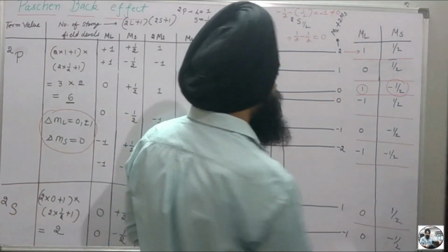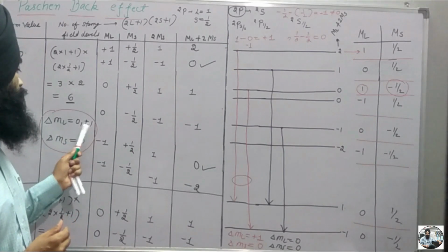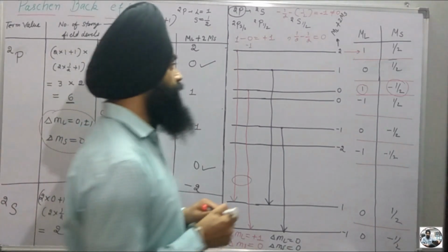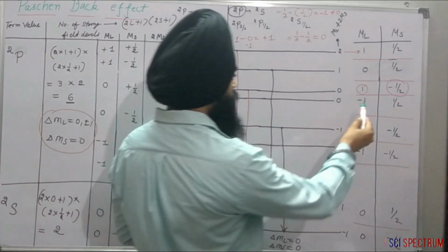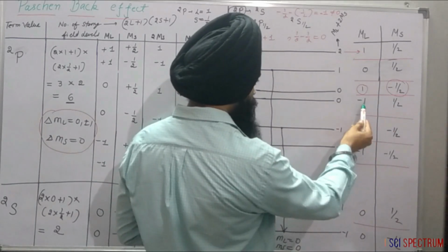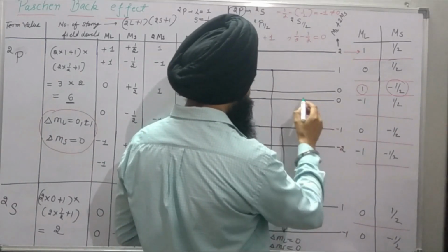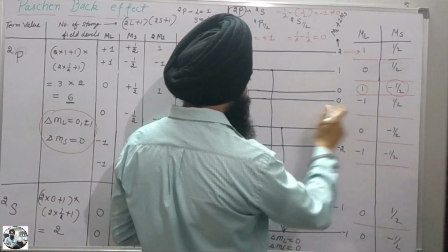So let us switch towards the third selection rule. Delta ml is equal to minus 1 and delta ms is equal to 0. For minus 1 we have minus 1 to 0 here, minus 1 to 0. Simultaneously ms is half minus half, that is also 0.